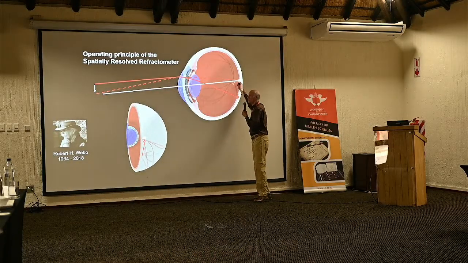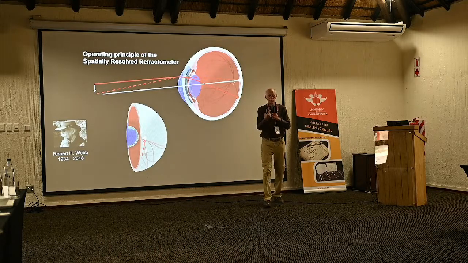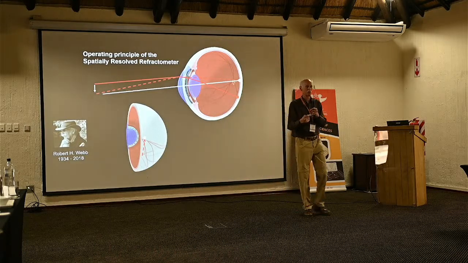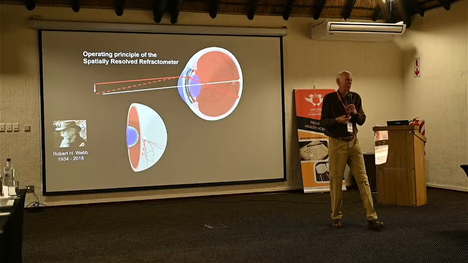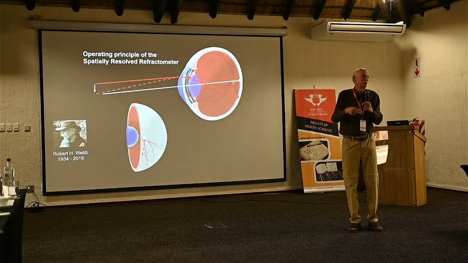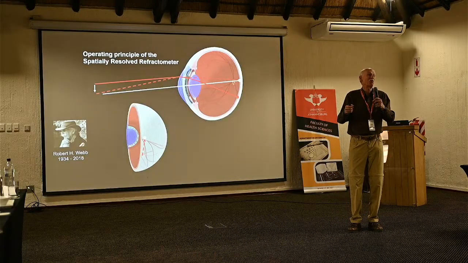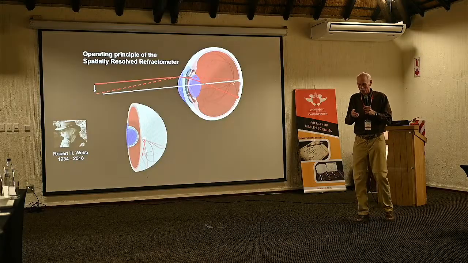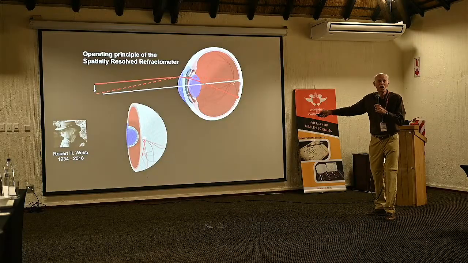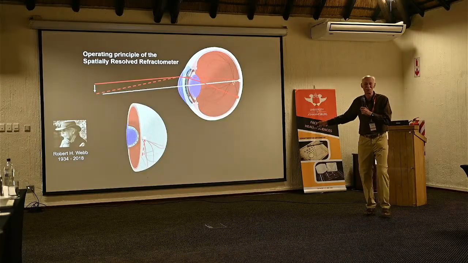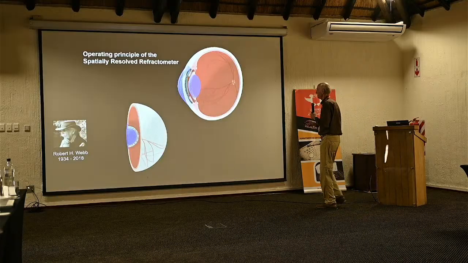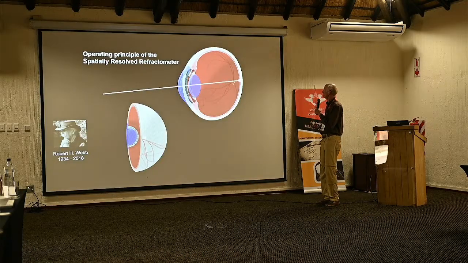It's going to end up in the same place as the reference ray. And they've come to coincide. So they call it the coincidence refractometer. And that's what Scheiner did 300 years before, or 400 years before. But Rob Webb got it patented because they didn't do patents in those days. Another example.